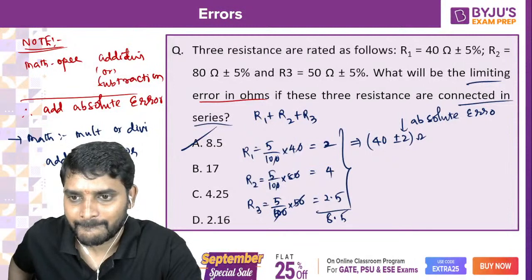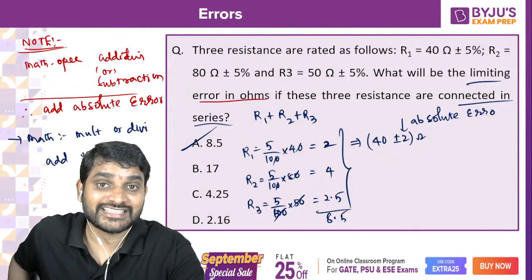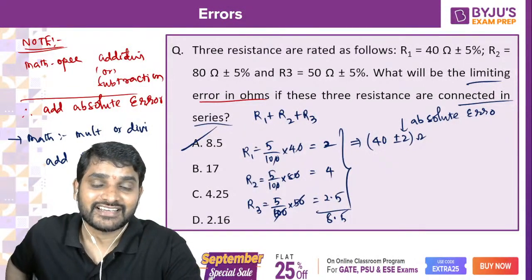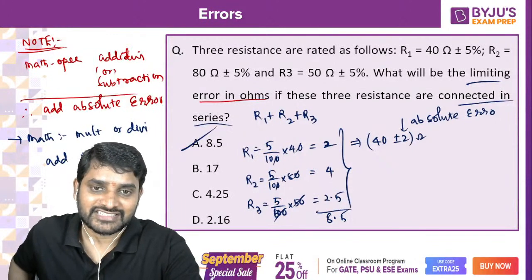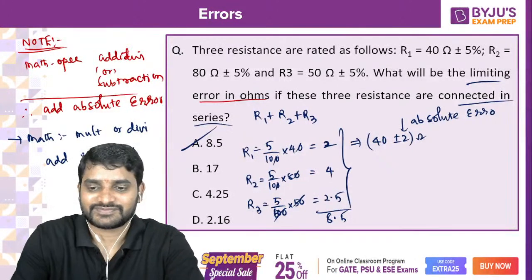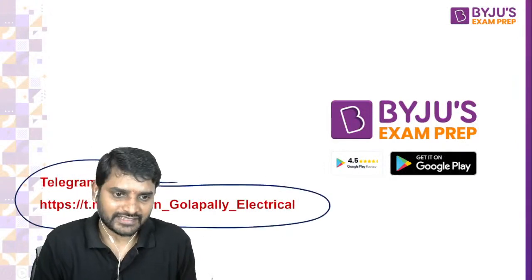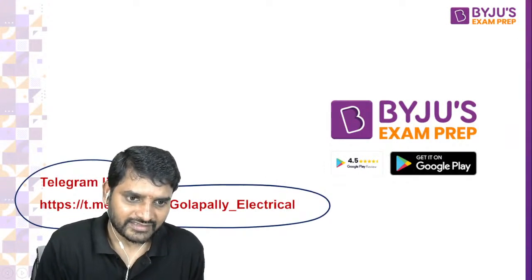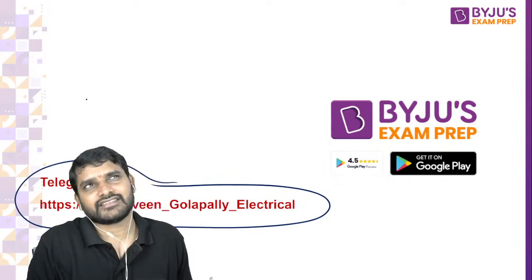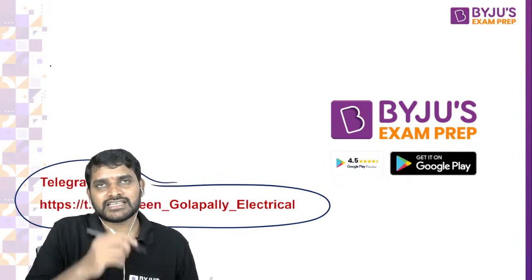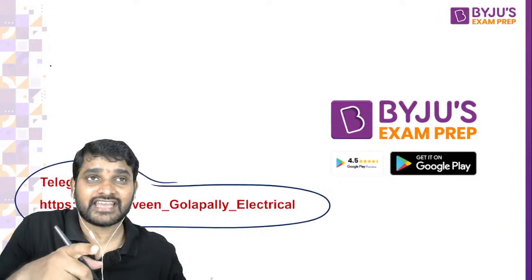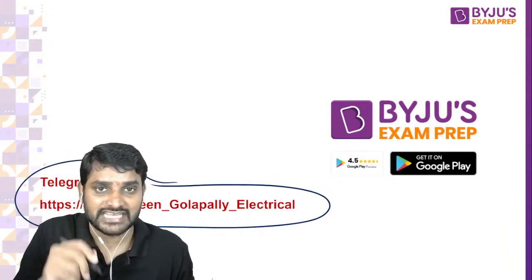Viswajit, instrument transformers formula. It's very lengthy in instrument transformer formula. So this is my Telegram channel, by the way. They'll ask you formulas, means phase error and ratio error formulas are very lengthy.